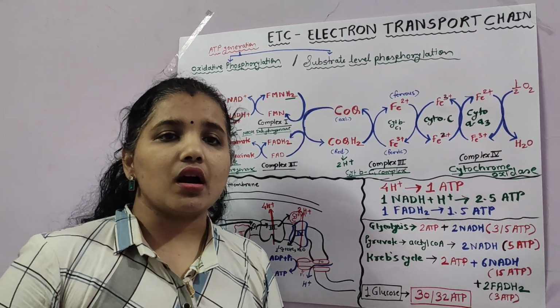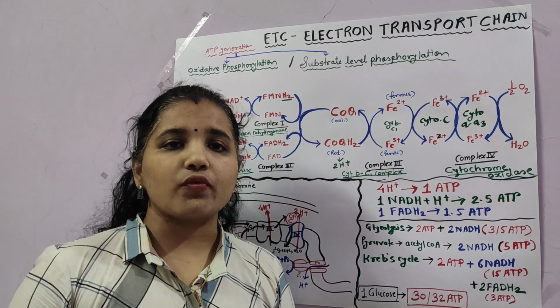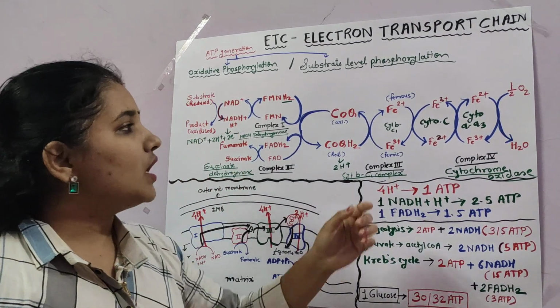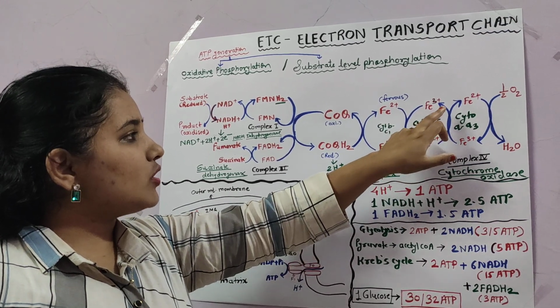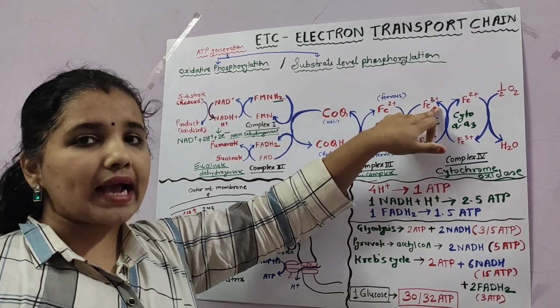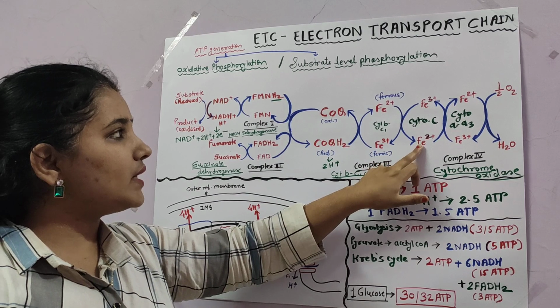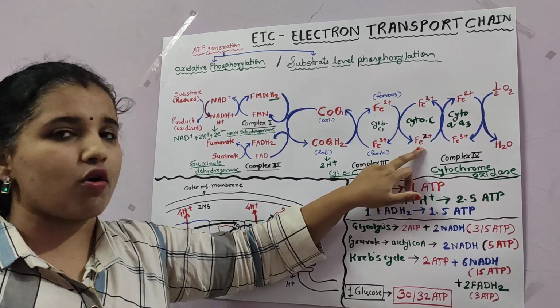Cytochrome c also is not a part of any of the complexes, and the ferric ion of cytochrome c accepts the electron and gets reduced to the ferrous form.